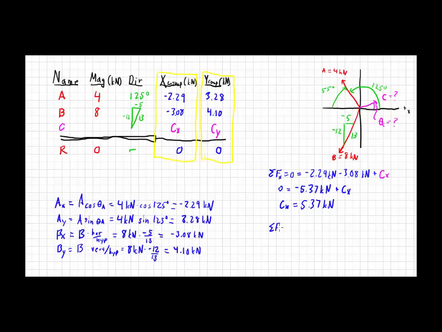Now I can do the same thing for the y column. The sum of the forces in the y direction equals 0. Once I put the proper negatives in there, it should be a negative 4.10.